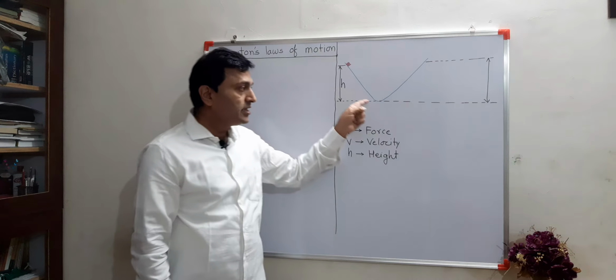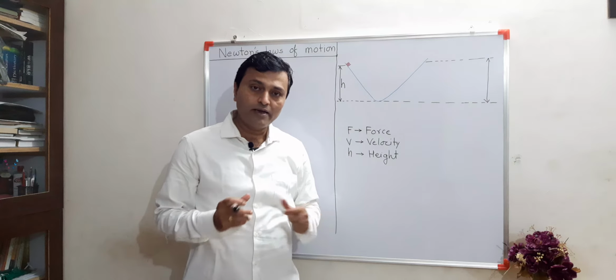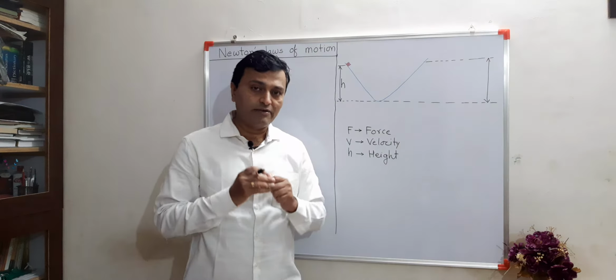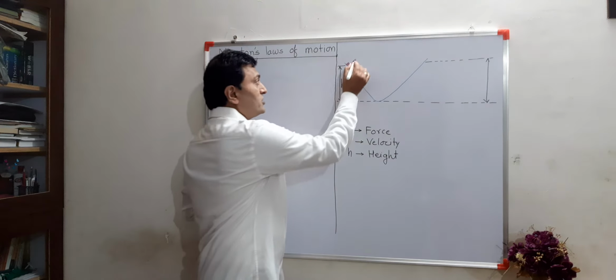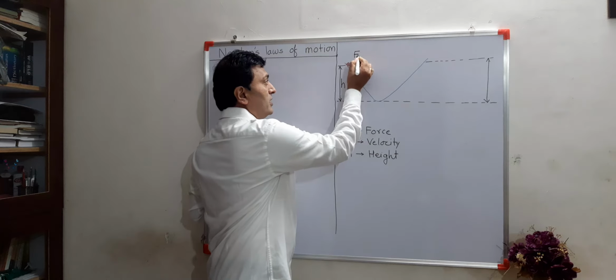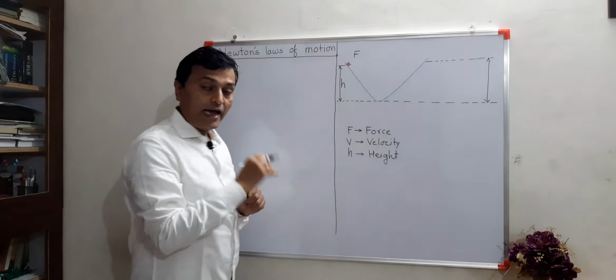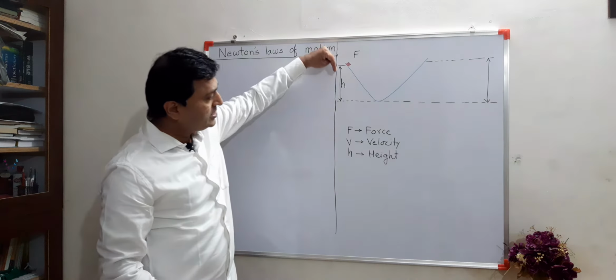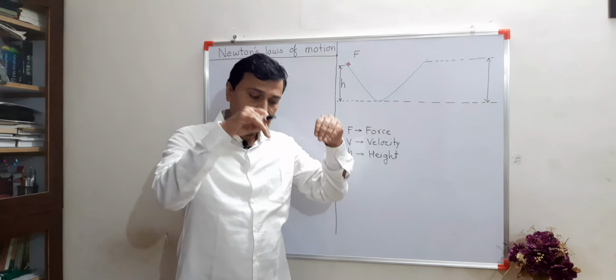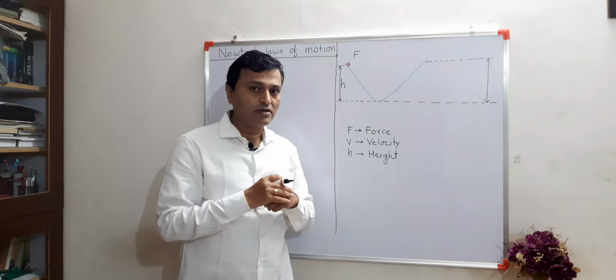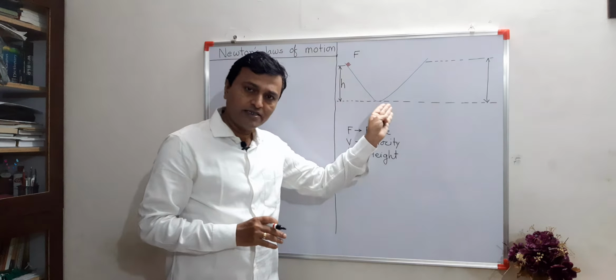then it will come down. Why? Because there is gravitational force. Means force is in the downward direction along the slope. Actually the force is exactly downward, because gravitational force is toward the center of the earth, but we have to take its component.